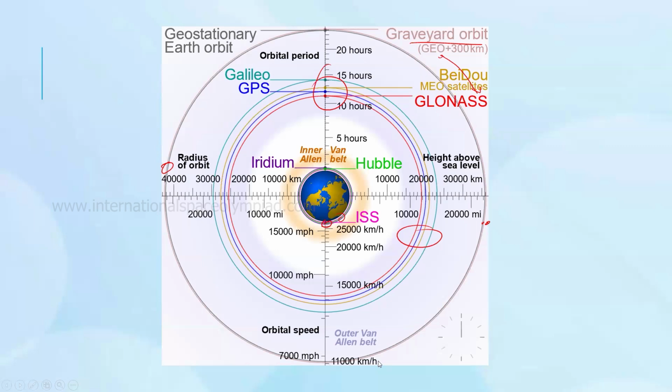You may feel that 11,000 kilometers per hour is small when compared with this, but actually it's a huge speed. Then you can also see here 5 hour, 10 hour, 15 hour, 20 hour, then here it becomes almost 24 hours. What is this? This is the time taken for it to complete one orbit. So that time also increases as you go outward.